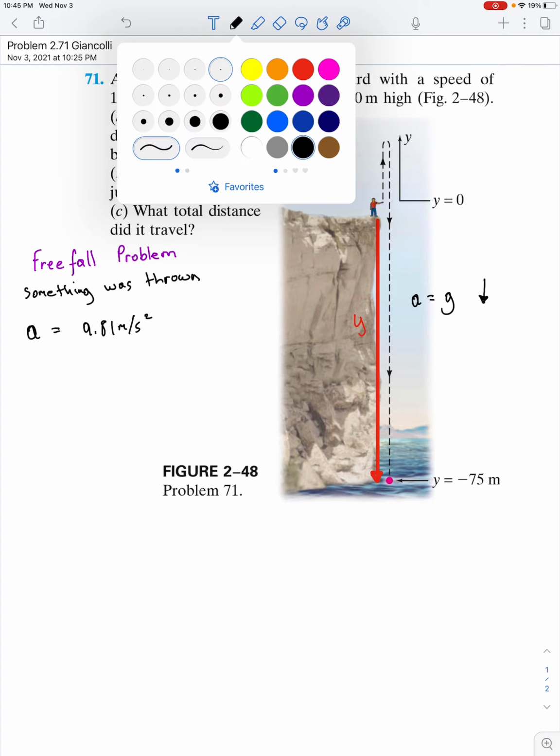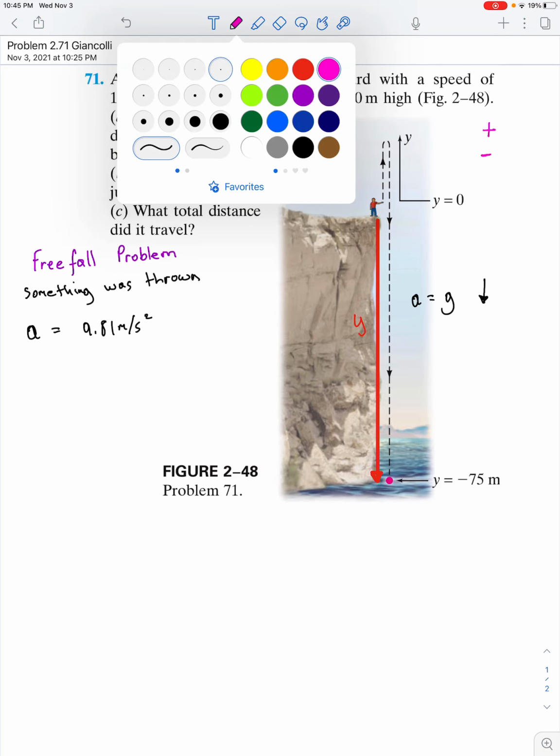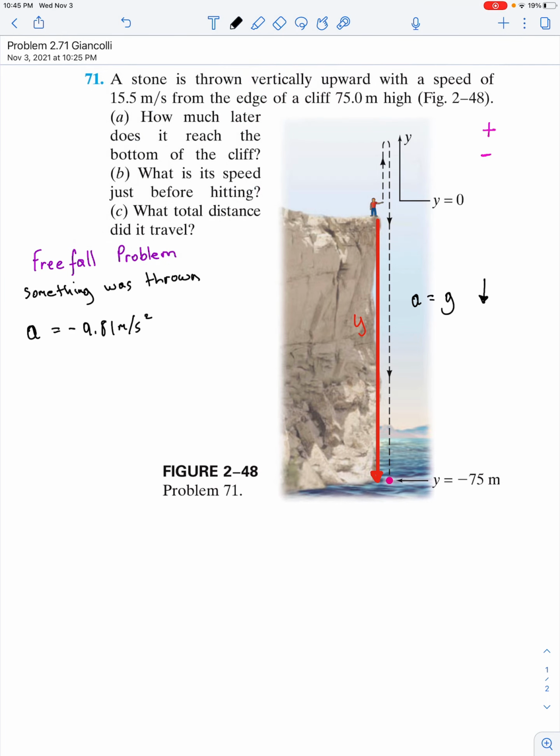Now, for all questions, you want to write the directions where things are, because directions are very important. So I'm going to take up to be positive, down to be negative. I'm not putting left or right because the thing is only going straight up and straight down. So my up I'm going to use as positive, my down I'm going to use as negative. If that's the case, then my acceleration due to gravity would be negative because it's going down.